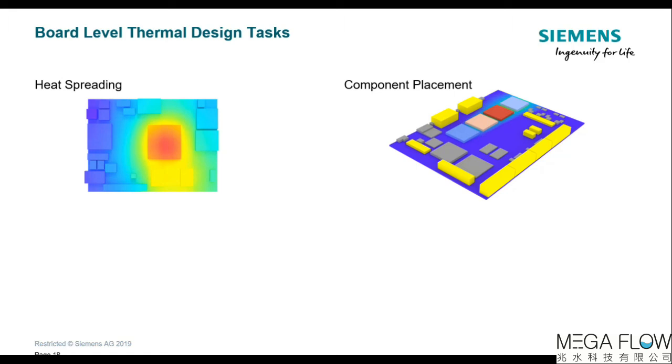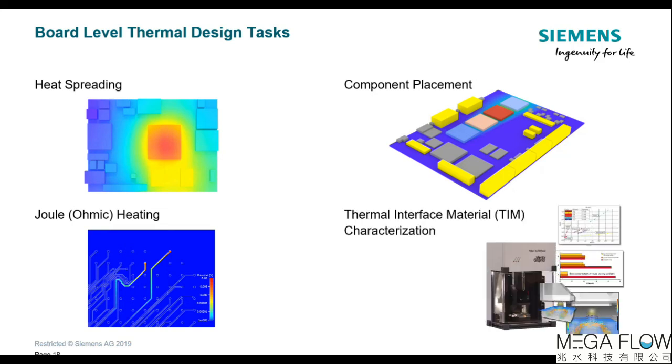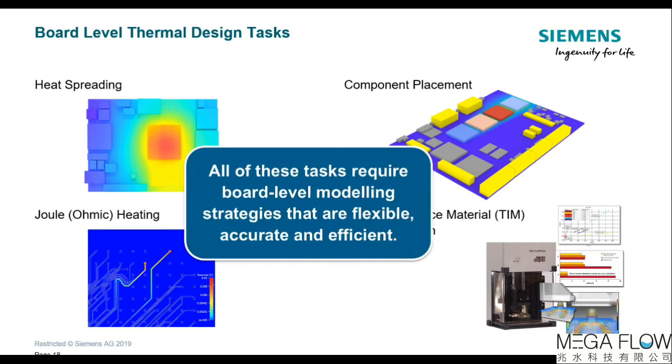These may well go hand in hand, as often we get component heating from others on the board and shadowing effects to cooling air streams from one component to another. Less common but still important are dual heating effects and interface material. To be able to perform these tasks, we need a variety of different methods that are flexible, accurate and efficient.